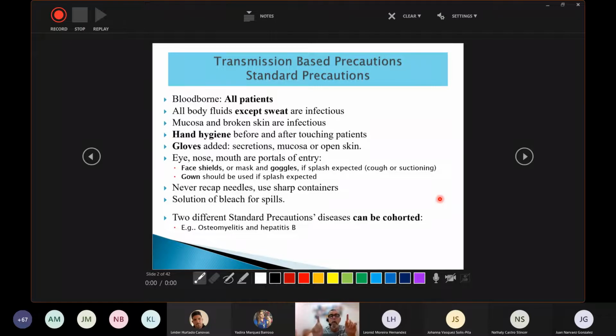So only standard can be cohorted with another only standard. Hepatitis B, that is only standard, can be cohorted with diabetes, that is only standard. Example, make sense? Or hepatitis B can be cohorted in the same room with HIV, that are only standard.